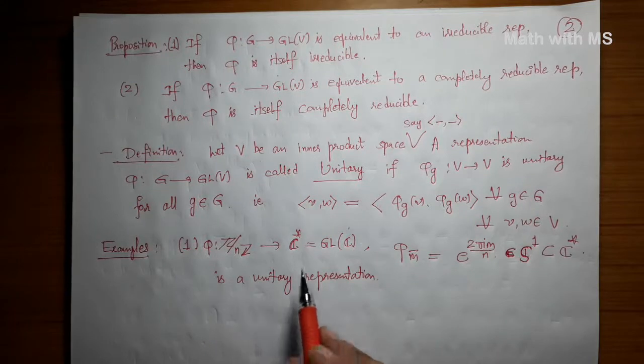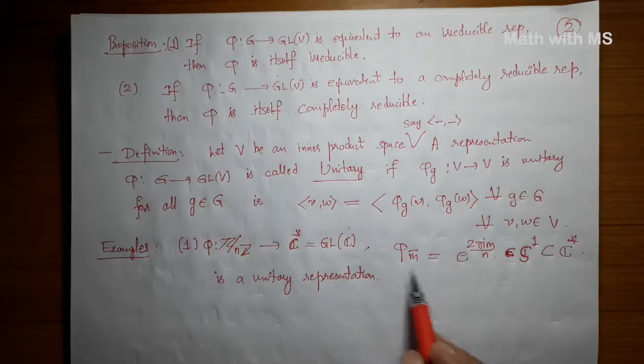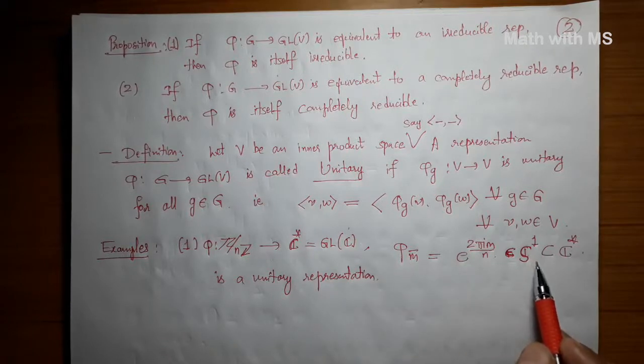In general, a one-dimensional representation of a group G is unitary if and only if its values fall inside the unit circle.